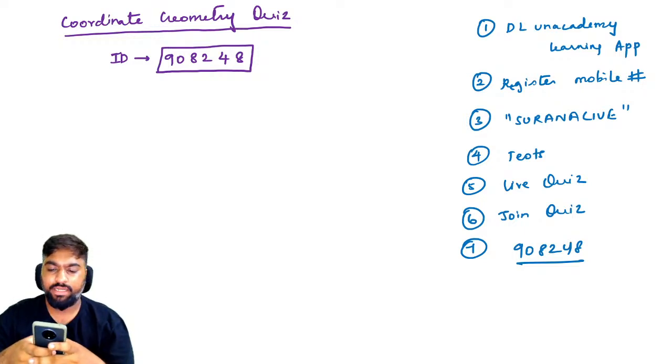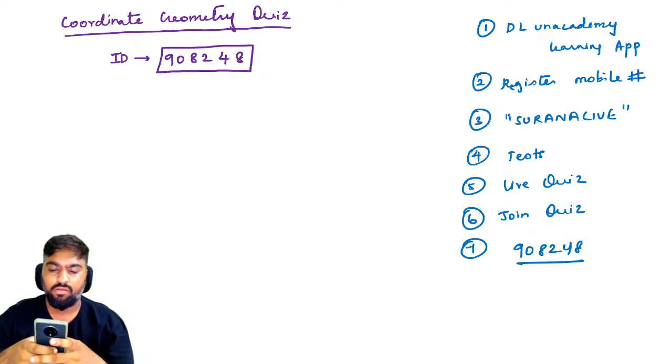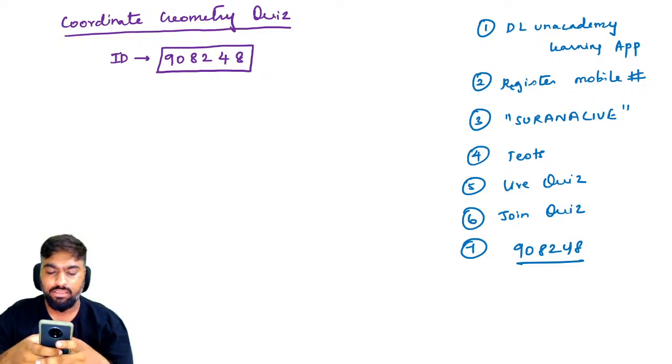There is a line perpendicular to AB at B. That line intersects another line 2x minus y is equal to 5 at (x, y). They want you to find out what is x plus y. Quick.